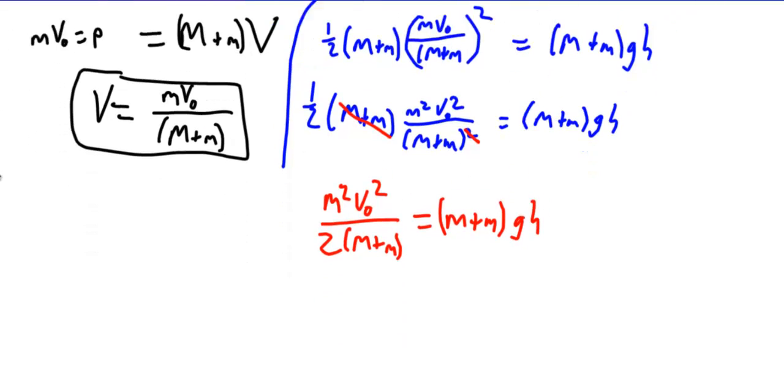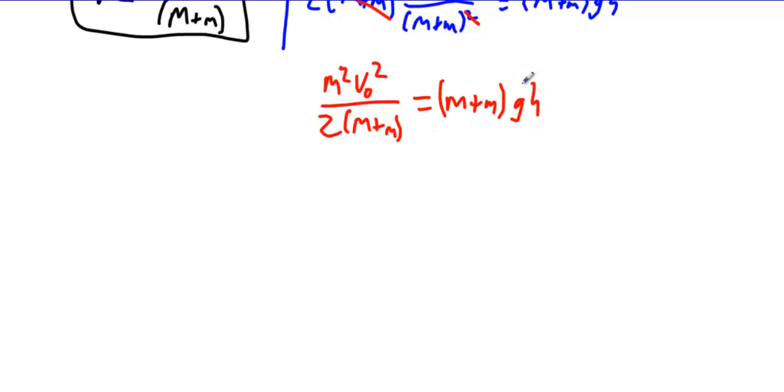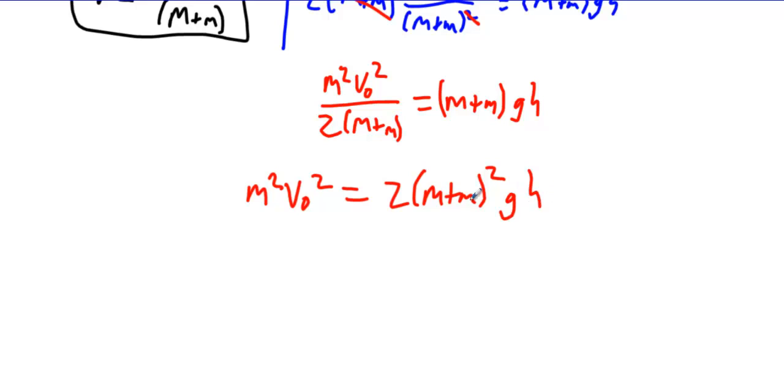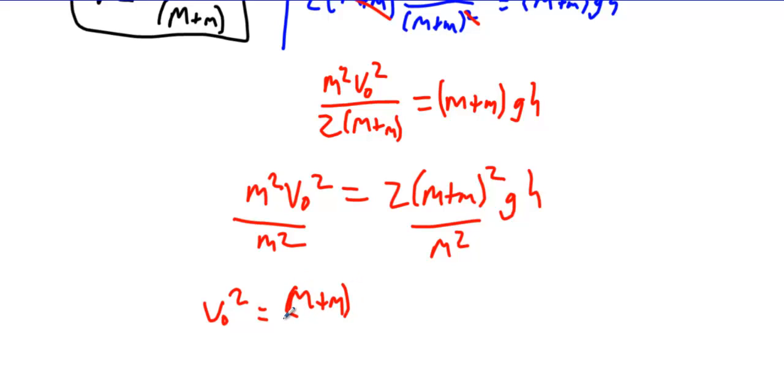Now I'm going to multiply the denominator over to the side, so I have m squared v0 squared equals twice big M plus little m squared gh. Divide both sides by little m squared, and I get v0 squared equals big M plus little m over little m, squared, times 2gh.